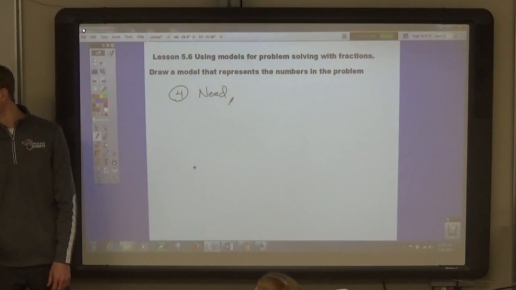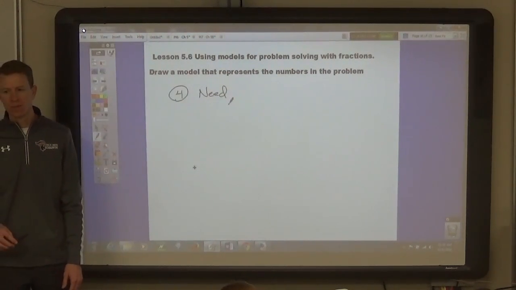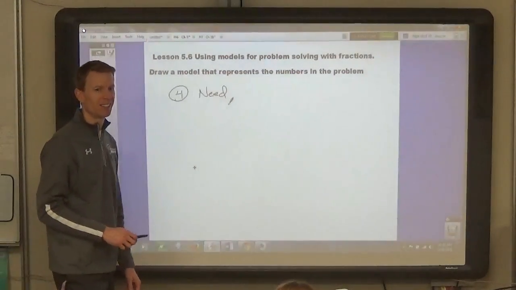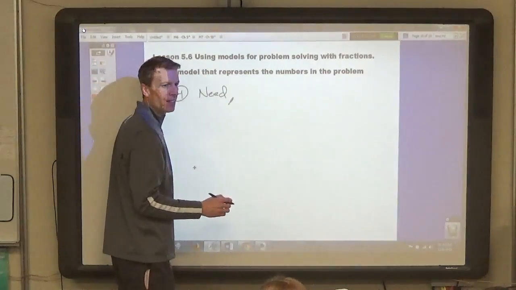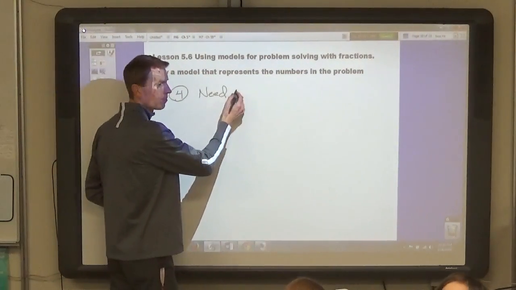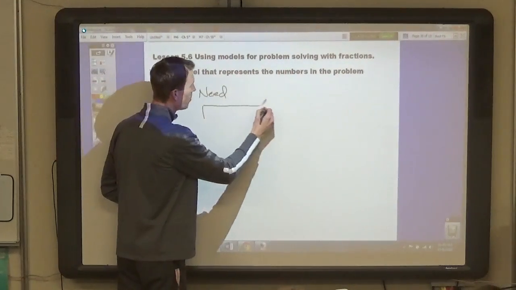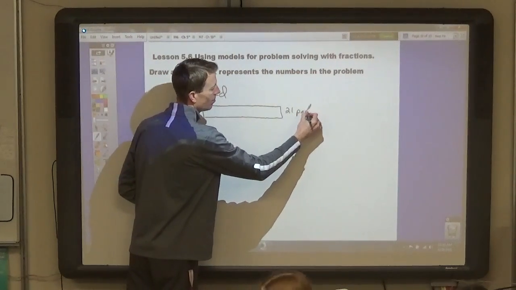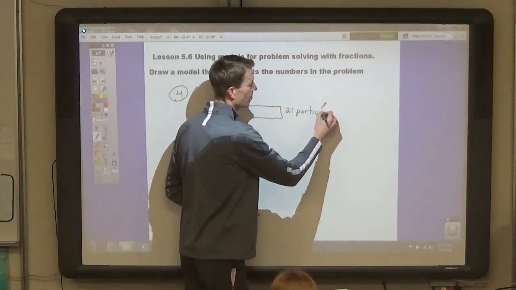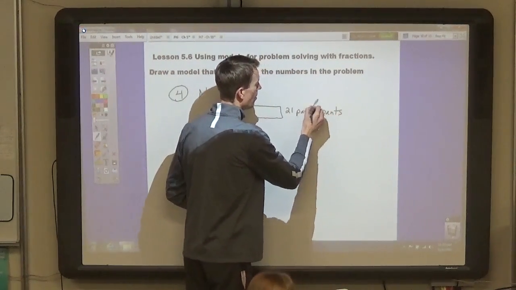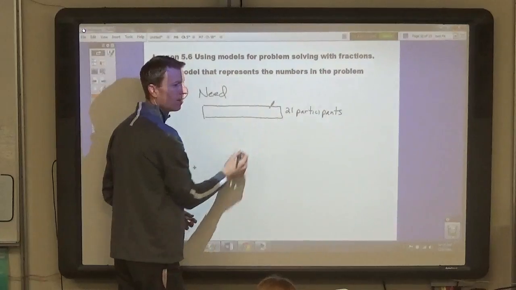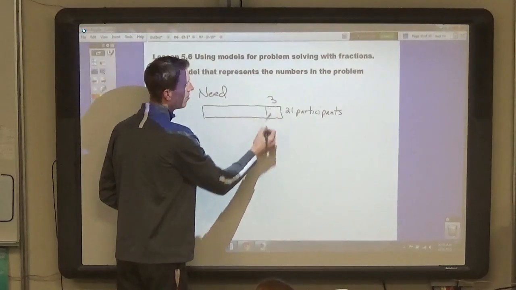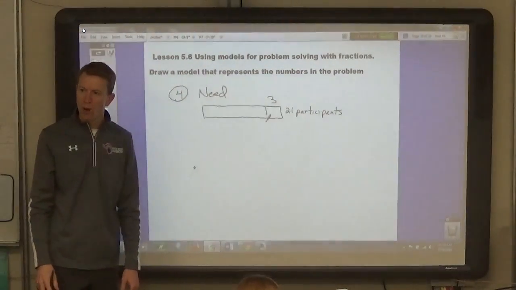But we don't know how many water bottles are in a pack. There are six water bottles in one pack. So how many water bottles do we need? There are 21 participants, and each one needs 3. So how many total water bottles do we need?